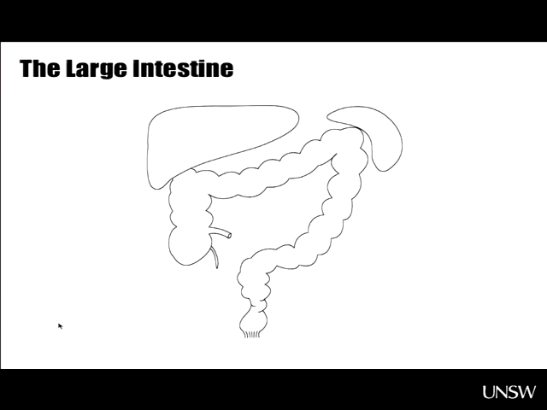Okay, so this is a very simple illustration summarizing the main anatomical features of the large bowel. We've got some important organs that are in relation to our large bowel component. So we've got a liver and we've got a spleen. As we said, the large bowel extends from the terminal ileum, that's the end part of the small intestine, right down through to the anus.